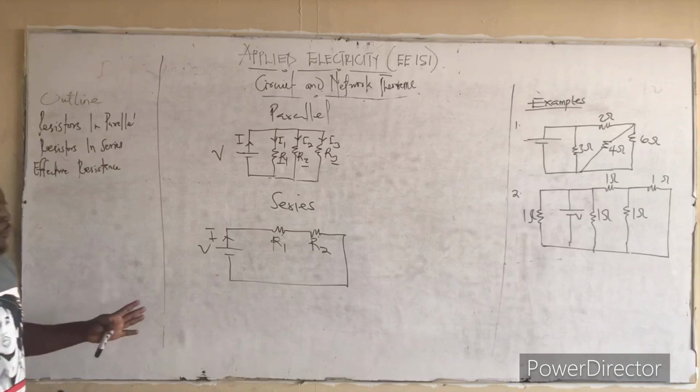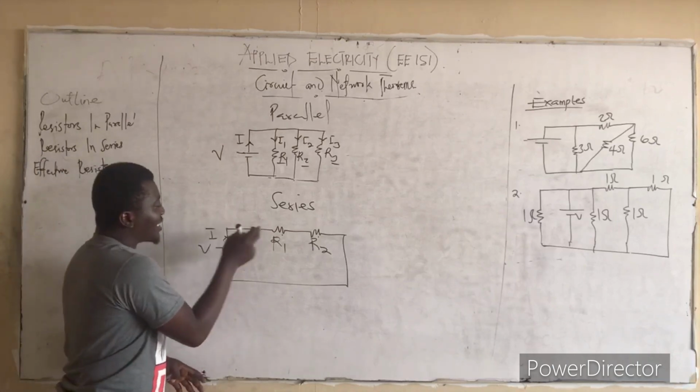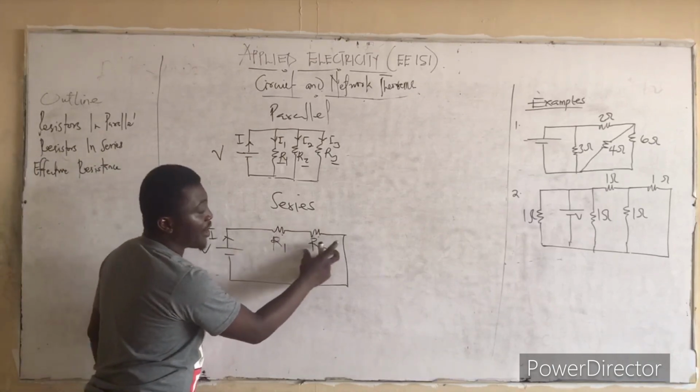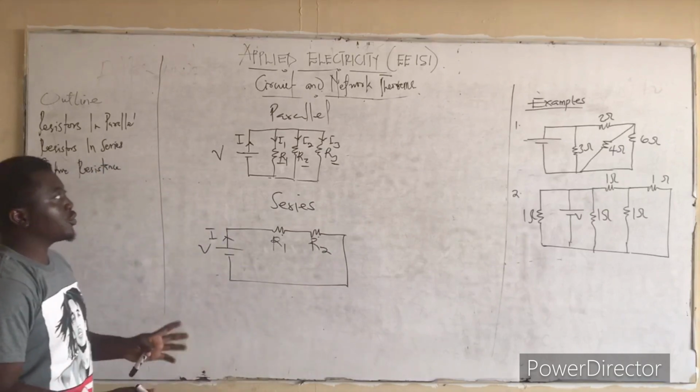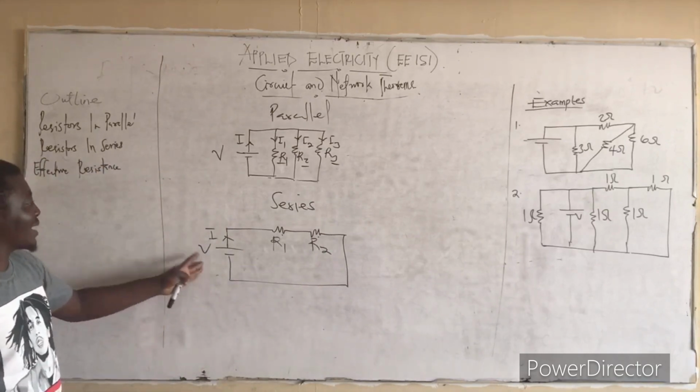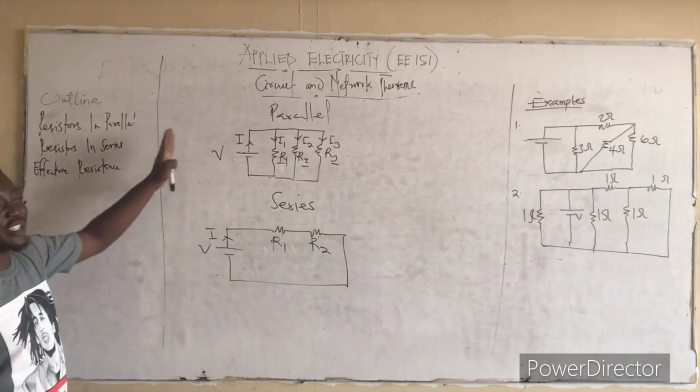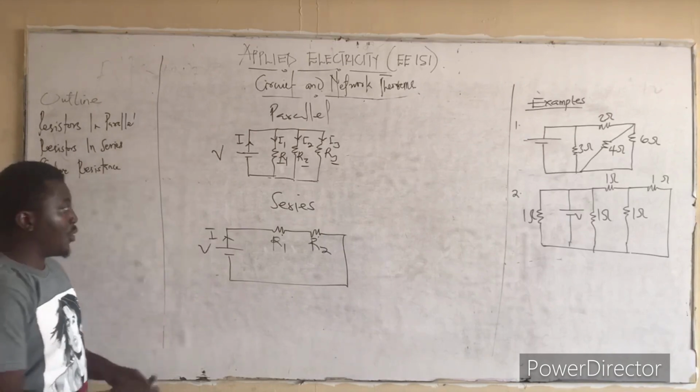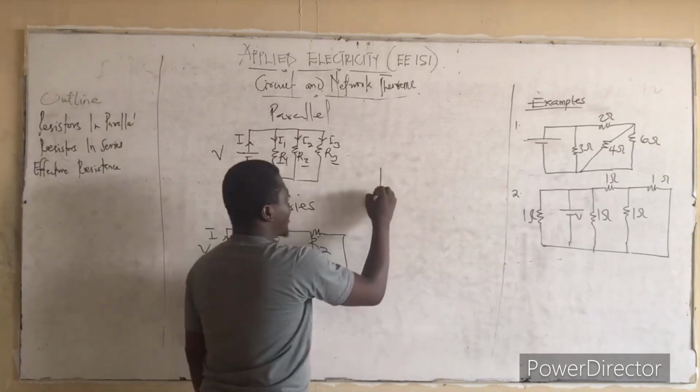So at the end, we will see that the current that moves through R1 is the same current that moves through R2. So this is a way to check if it is in series or it is in parallel. So they can give you a circuit like this.